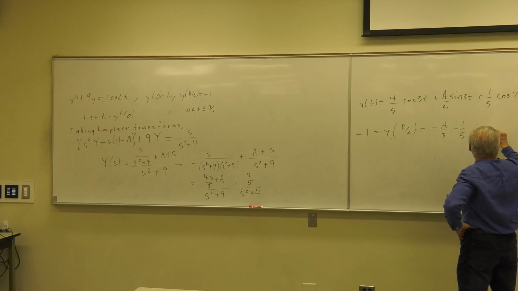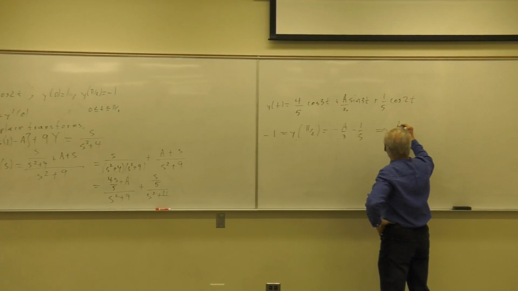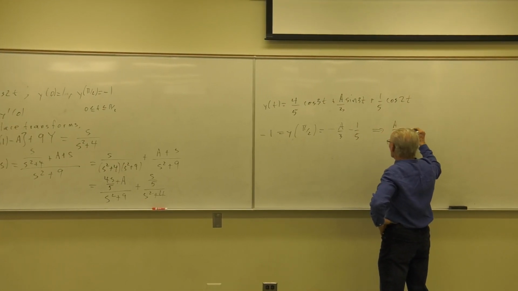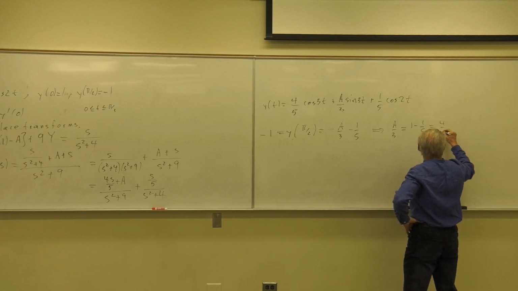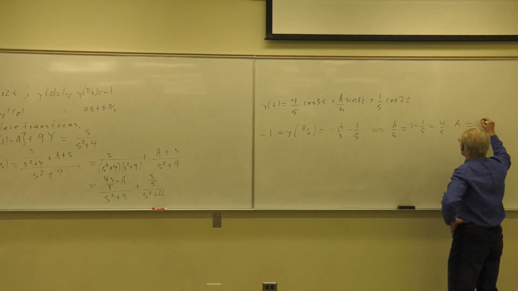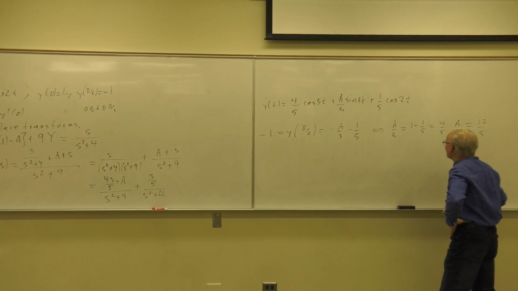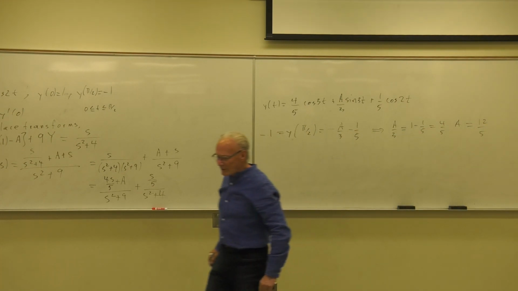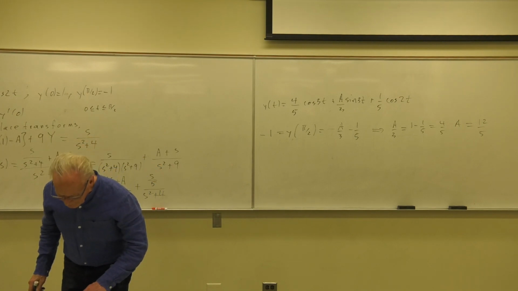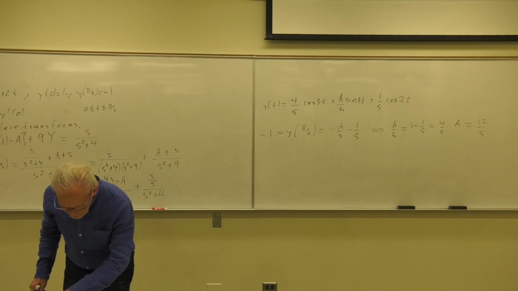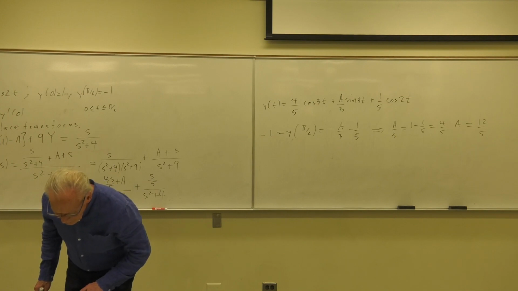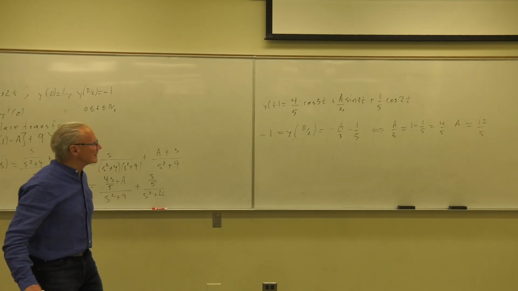So therefore, a over 3 is equal to 1 minus a fifth, that's 4 over 5. So a then is equal to 12 over 5. I hope, and that will be our answer. Twelve over 5.